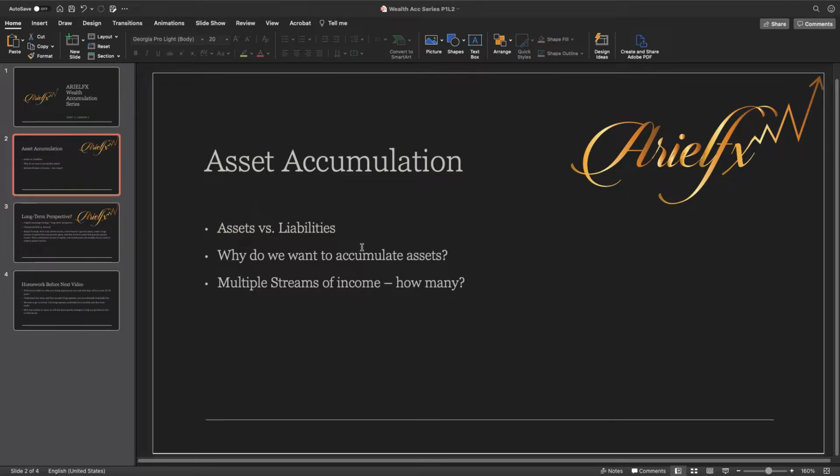A big difference between wealthy and poor people is simply understanding what is an asset and what is a liability. Poor people, or those trapped in the lower middle class, don't understand assets. They take earned income and immediately purchase liabilities, things that are going to take money out of their pocket.